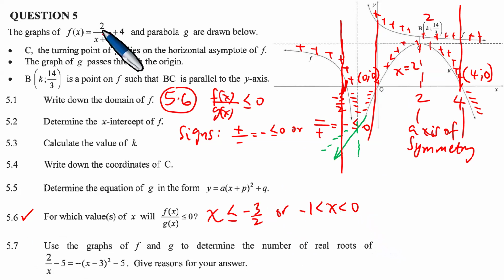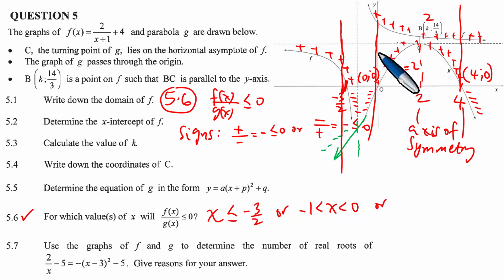Okay, so obviously we cannot allow x to be equal to minus 1. So this is excluded. The minus 1 point is actually excluded, and also 0 is excluded because of the division by g, and clearly g has an intercept at the origin there.